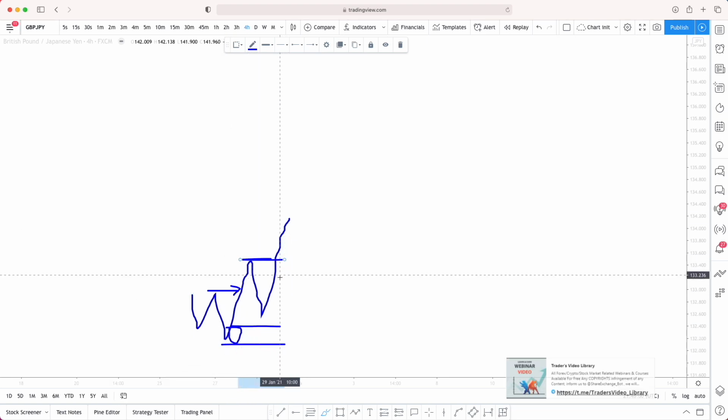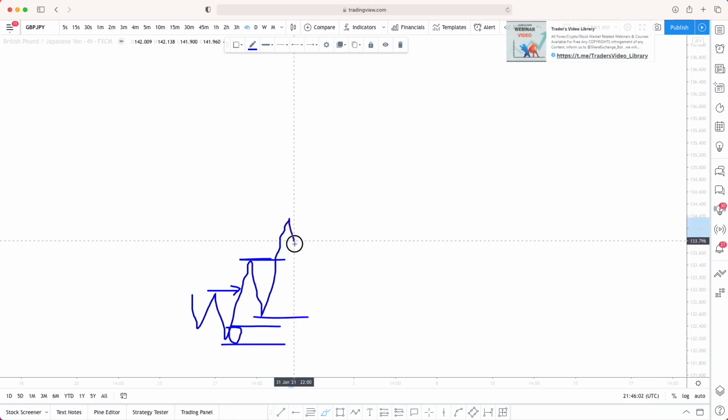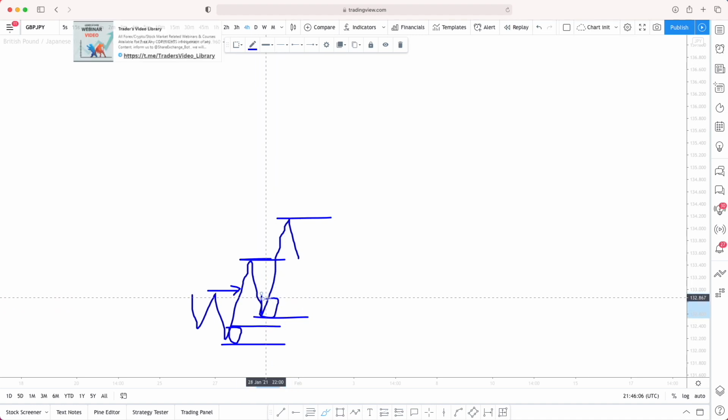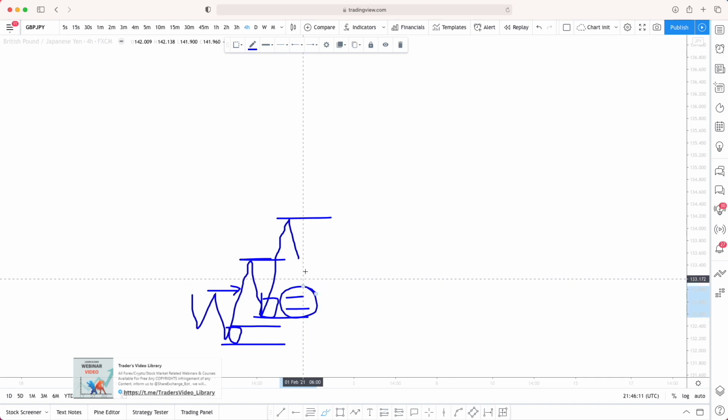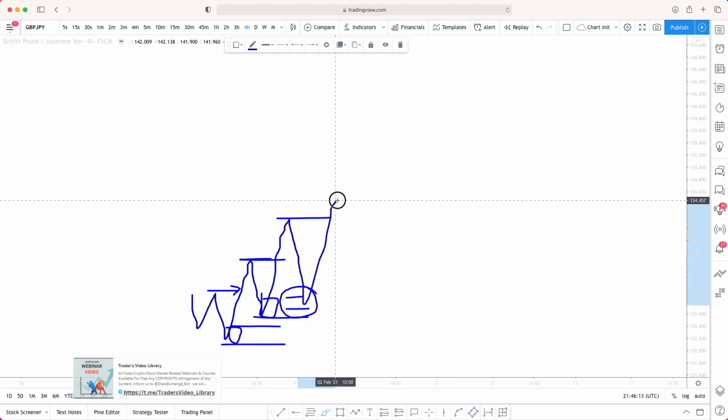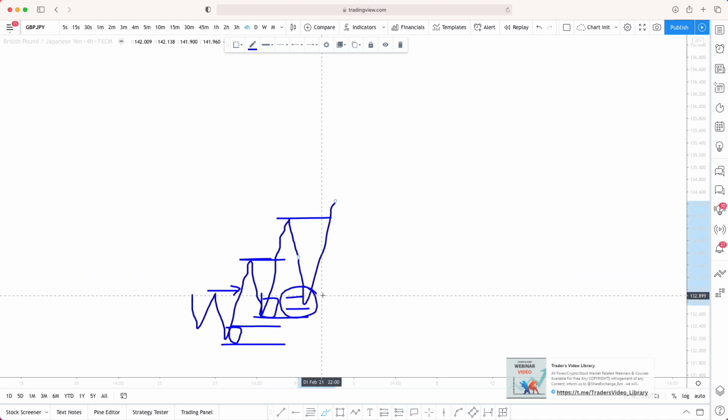So now that we've broken that, this is going to be your new range that's formed. So your OB entry is going to be from there. You can place the order at either the open or the 50% of your refined OB and wait for one of them to trigger. It's up to you which one you want to use. Remember from the previous video.